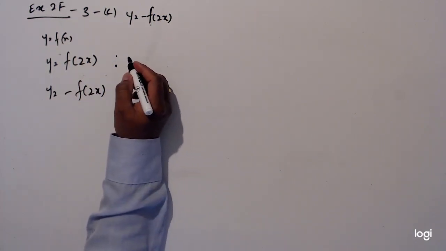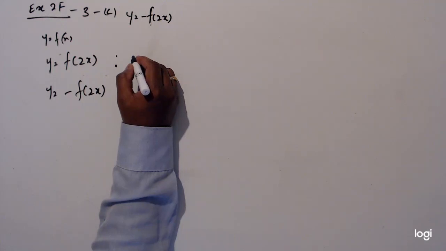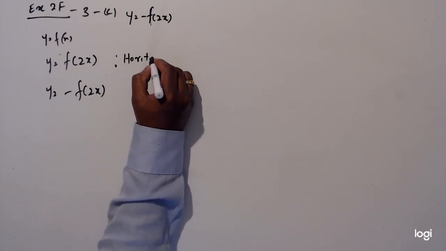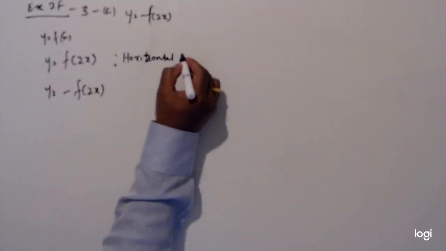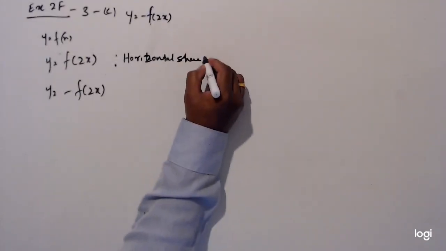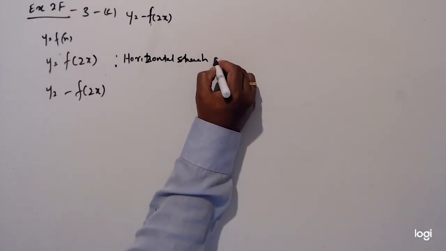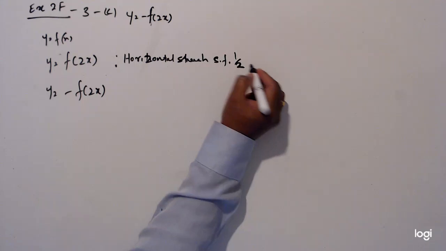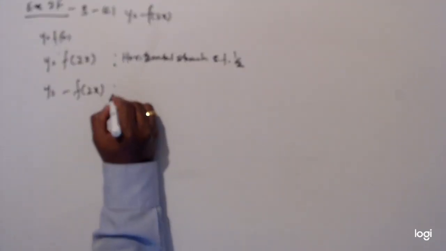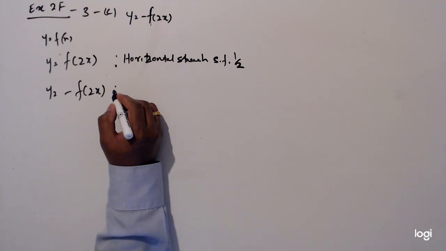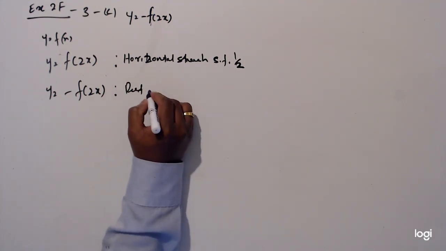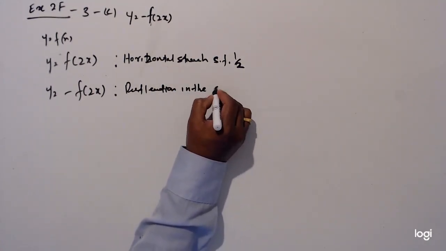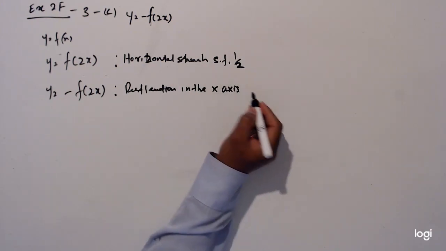So this is a horizontal stretch, along the x-axis, with a scale factor of half, and this is a reflection in the x-axis.